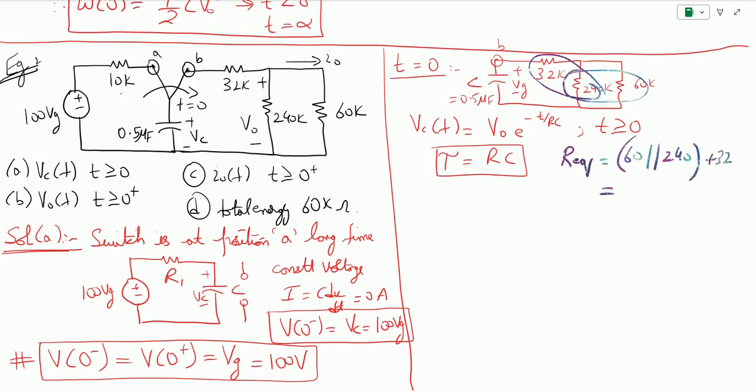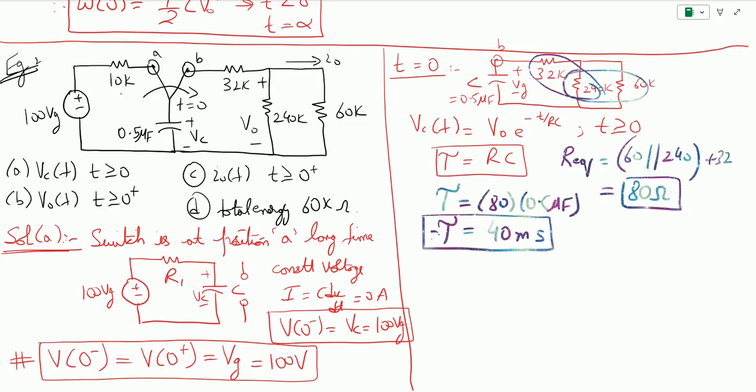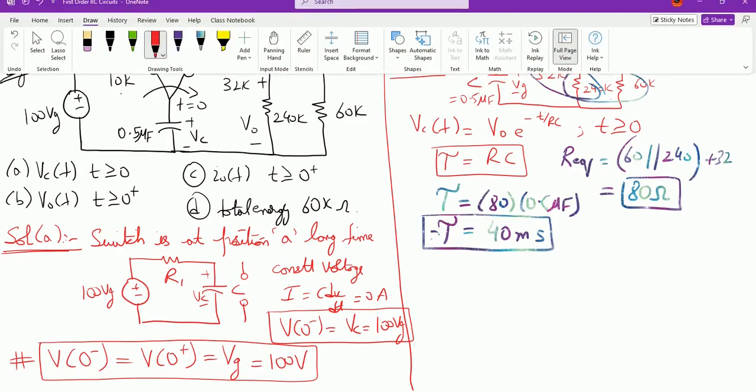So R equivalent comes out to be 80K ohm, and thus your tau, or time constant, comes out to be 80 multiplied by 0.5 microfarad, and time constant is 40 millisecond. So this is the time constant that we have for the first part.